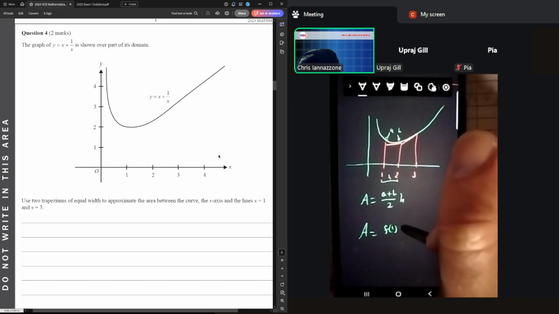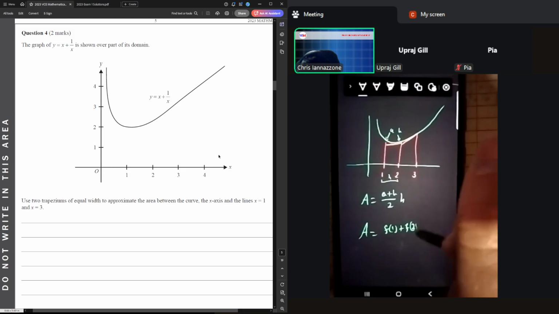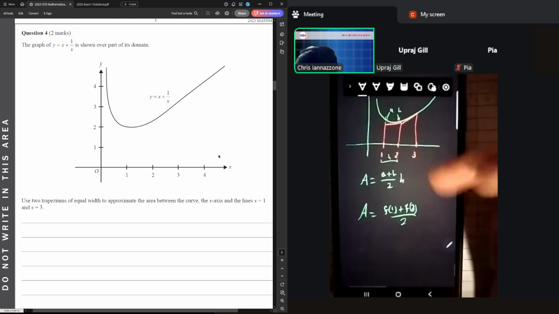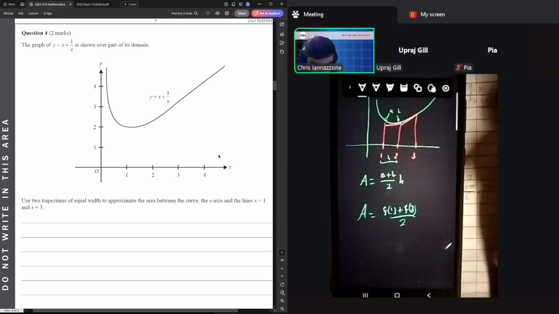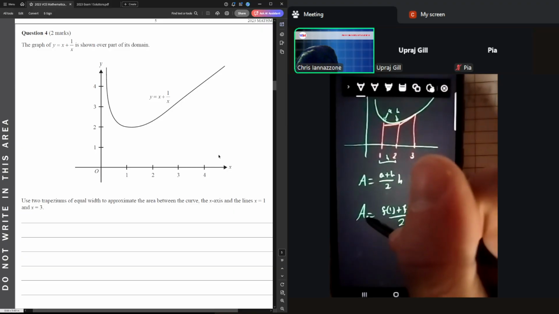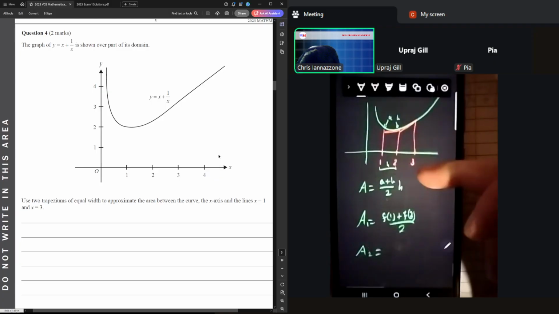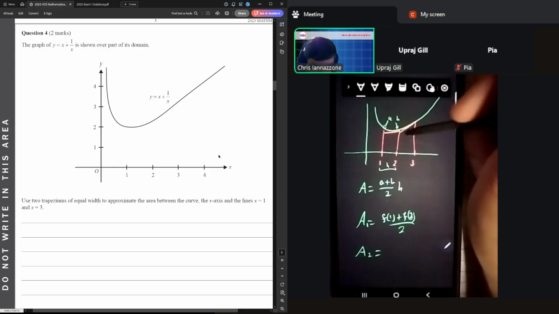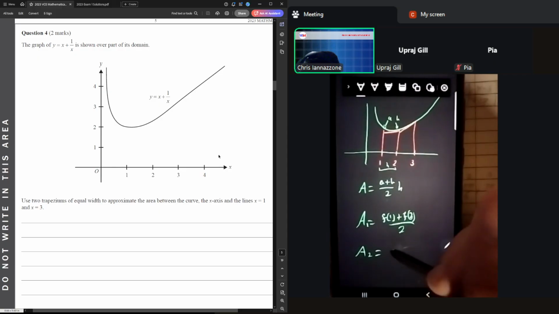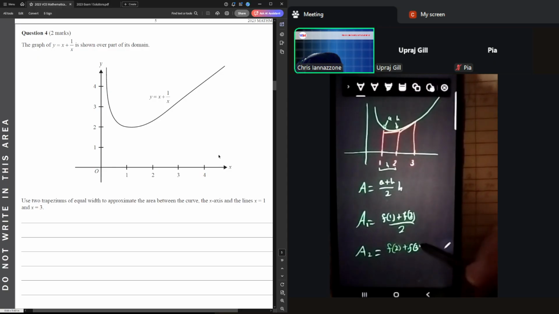B is going to be f of 2. And then obviously just dividing by 2 there. H is just 1, so we can pretty much ignore that. So that's the first area formula there. Next one, the A value for the next trapezoid will be f of 2, and then the B value of the next trapezoid, f of 3.